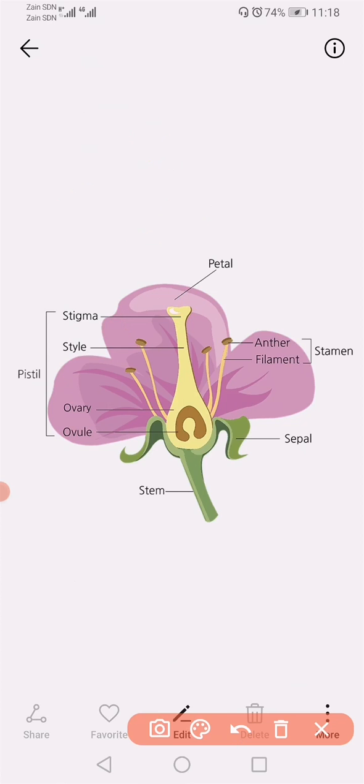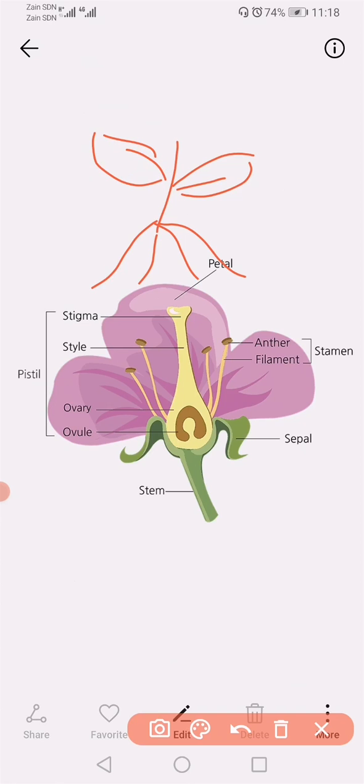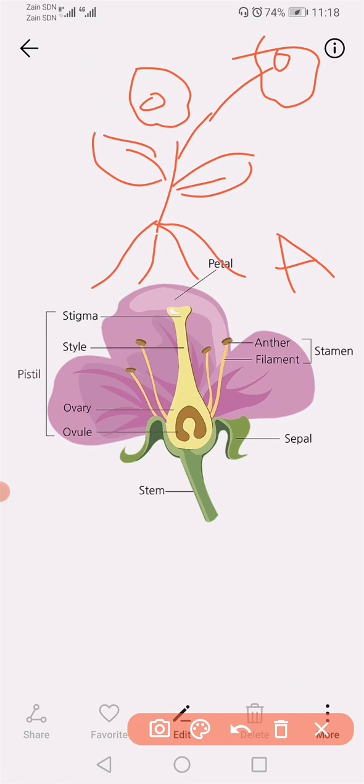So, if we have a plant here, let me label it as plant A. If the pollen grain is transferred from the anther of a flower on plant A to the stigma of another flower but on the same plant.